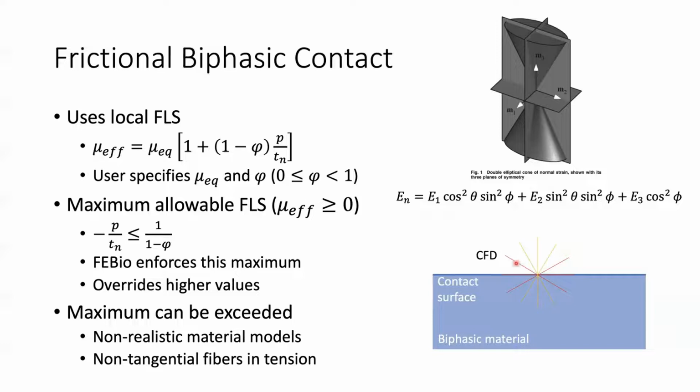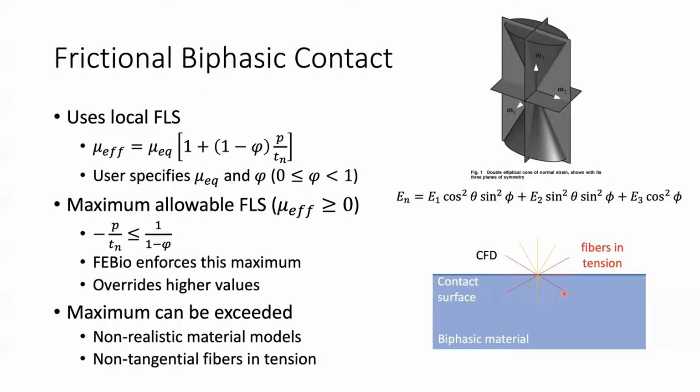Anyway, I'm showing here that these fibers would be in red if they're in tension. So if you project along the vertical direction, that means you're actually having a tensile contribution to the normal traction, which decreases the value of Tn relative to the case where you cannot have tensile fibers going out. And that means that you can exceed the theoretical maximum because of this non-physical assumption.